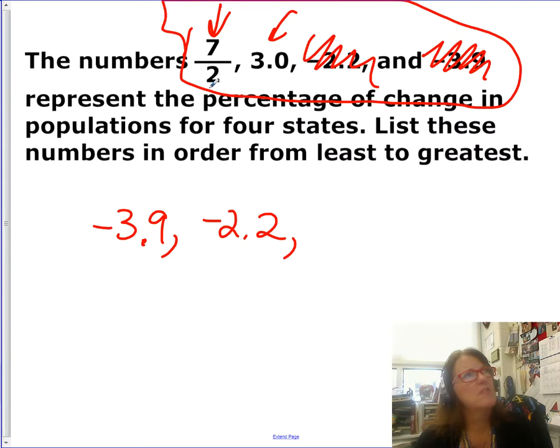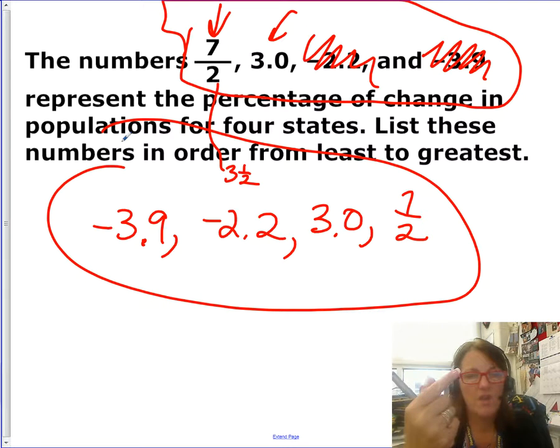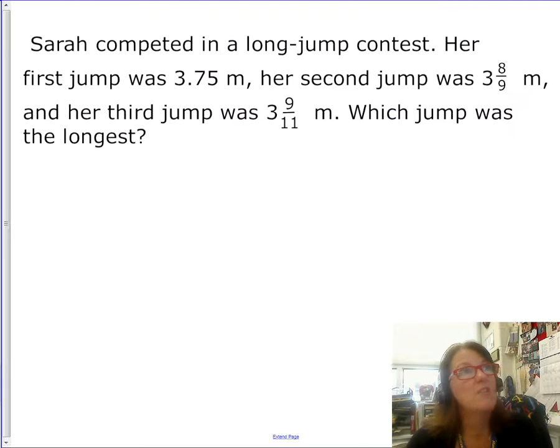Well, 7/2 is the same as 3.5. So it looks to me like this guy comes next, and then 7/2. So you have decimals, you have fractions, you have mixed numbers. Some are positive, some are negative. You've got a whole lot that you're putting together here, okay?